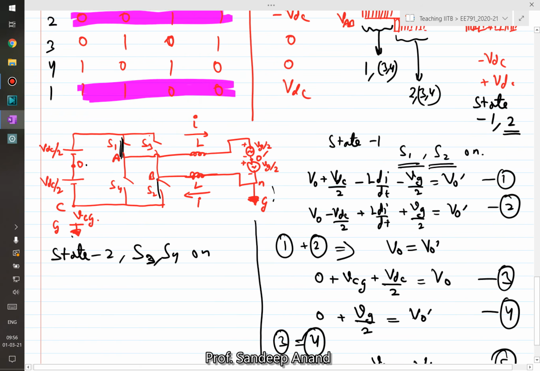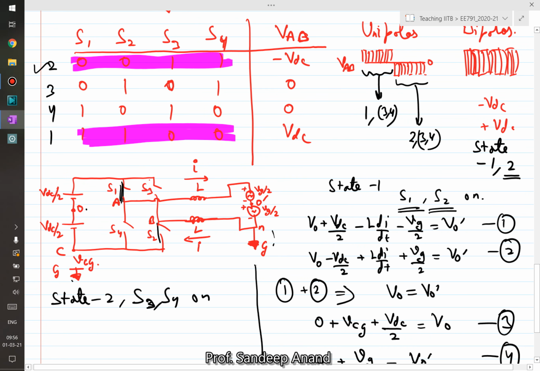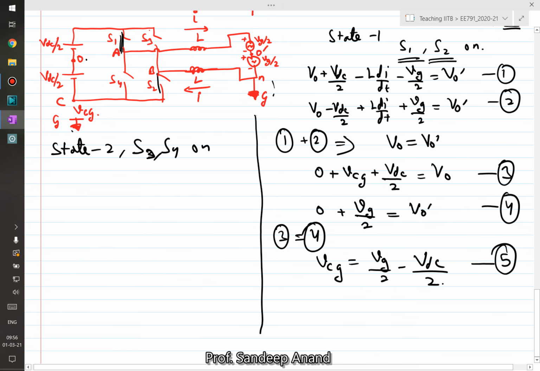I can check from 2, S3 and S4 are on. If I'm operating in state 2 and I do the same derivation, then again what I will get is VCG is equal to Vg by 2 minus VDC by 2. I'll get the same expression, you can check it.